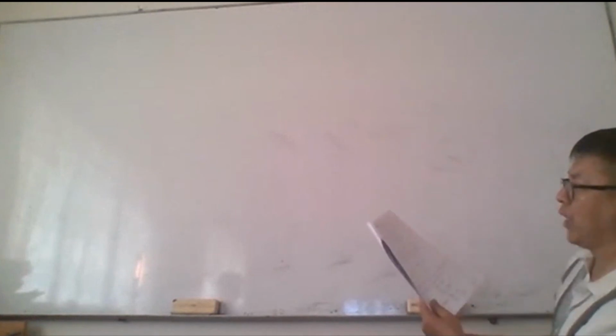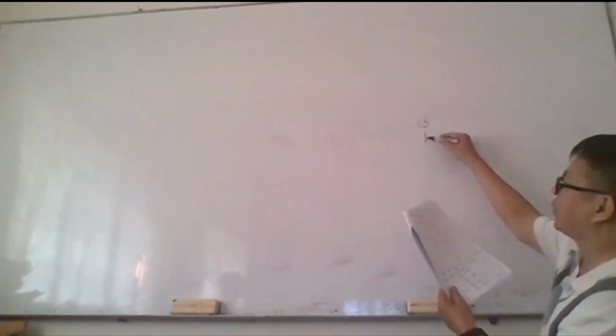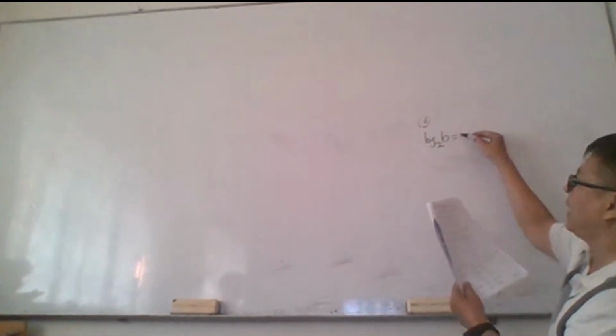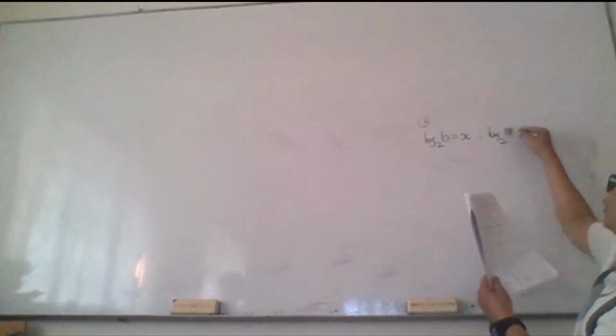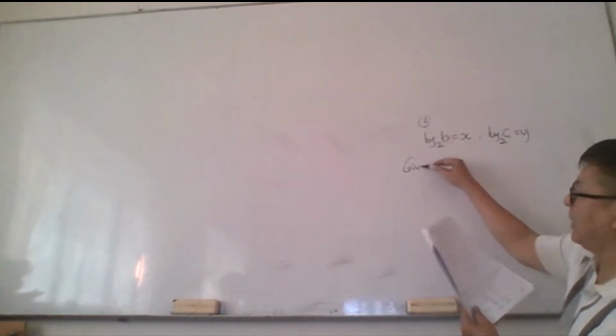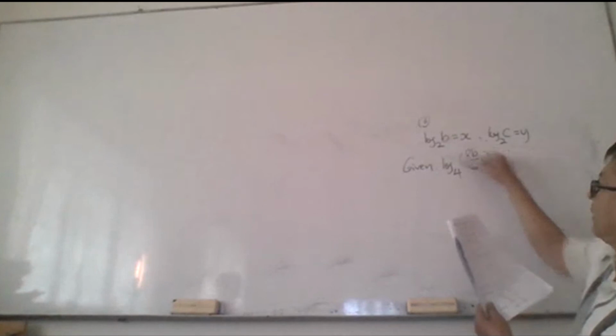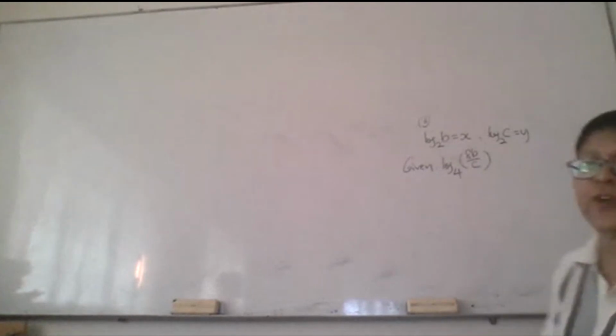Okay, let me show you question number 6. For question number 6, first of all, log_2 b equals x, log_2 c equals y. And given log_4 of 8b over c.